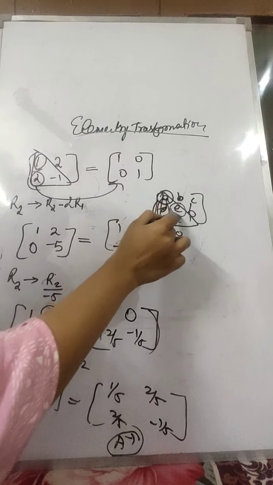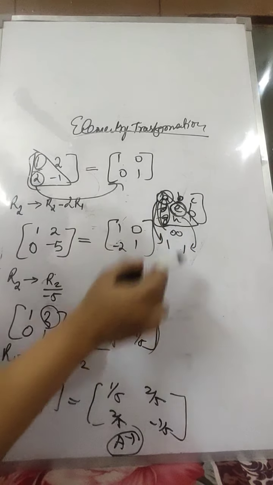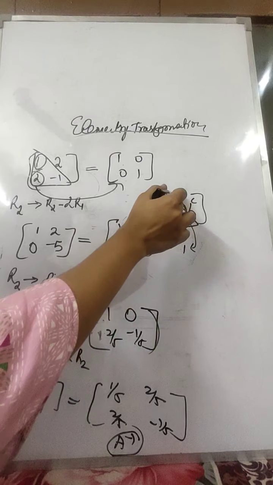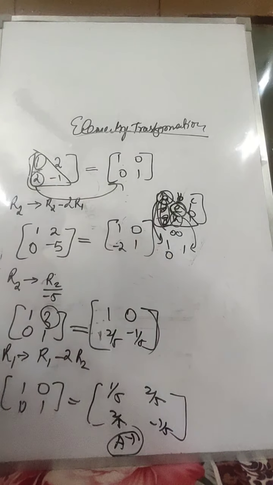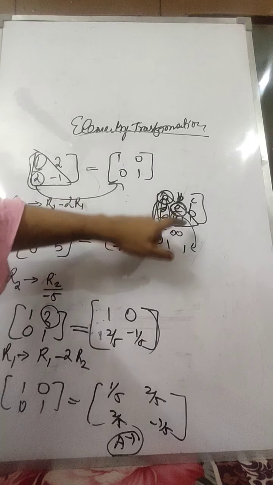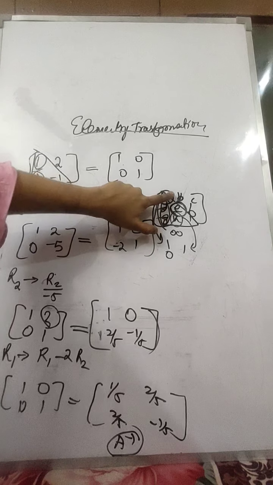Then my next step will be to convert this E as 1, and then the next step will be to make this as 0, and then this as 0 if it's required. First you will have to make this one 0, and in the next step, if it's not 0, then you will convert this also to 0.